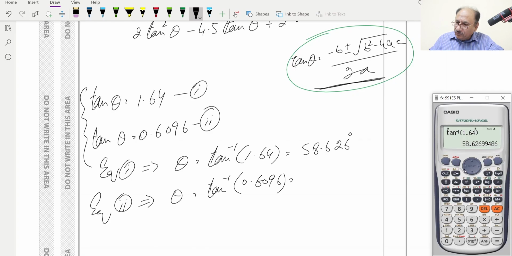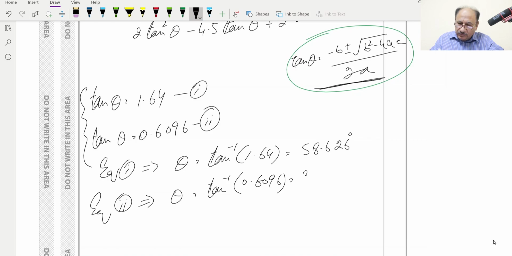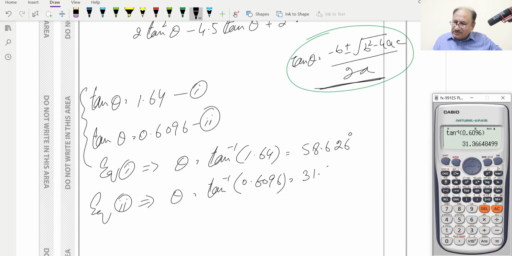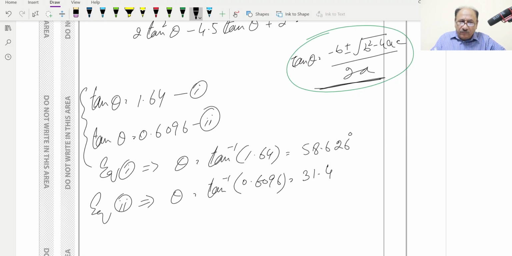And similarly for the second value, we can write 0.6096, and this is equal to 31.366, or we can write 31.4 degrees.